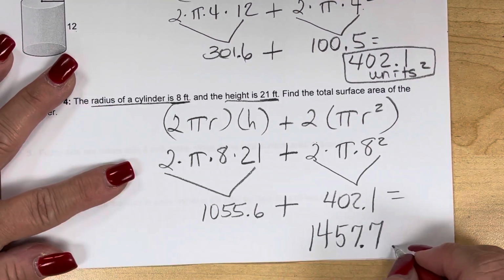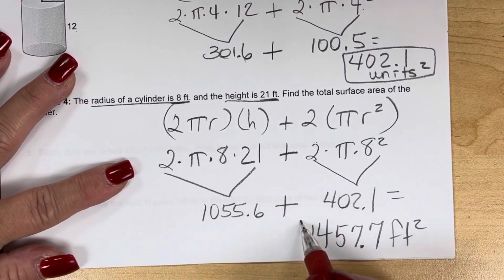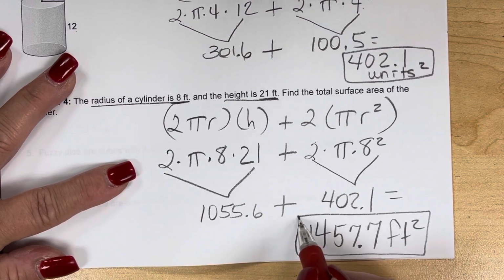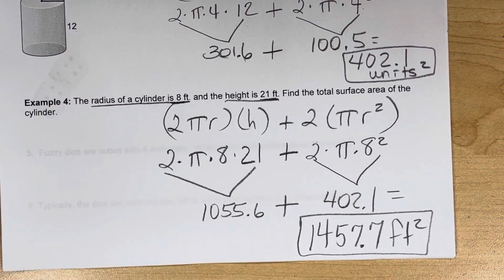And this one's feet, so we actually can put square feet there. Okay. All right, and that concludes our lesson on surface area of prisms and cylinders.